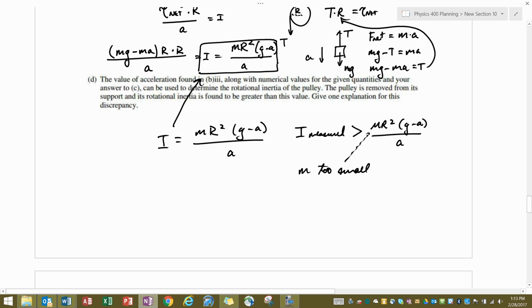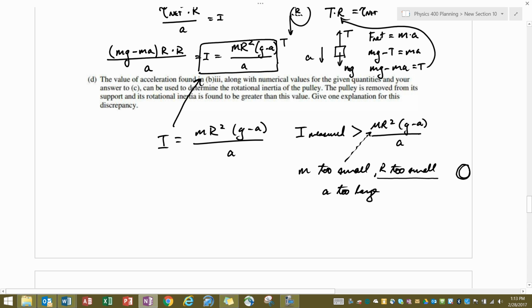So the m we're using in this expression is too small. The R that we're using is too small. Or the a that we're using is too large. So there's a number of explanations that you can give for this. The two that I think are most reasonable given the experimental setup is the radius that we're using is too small.